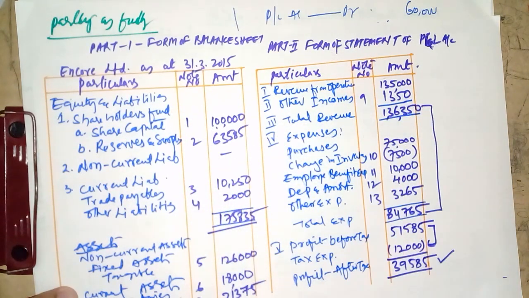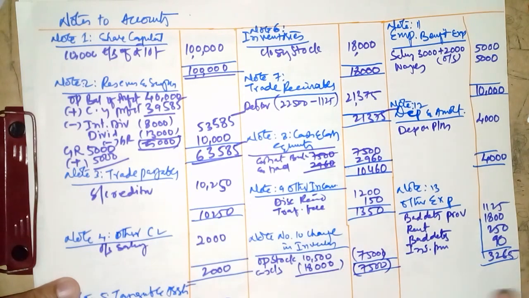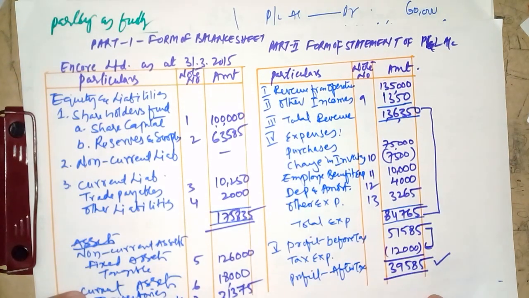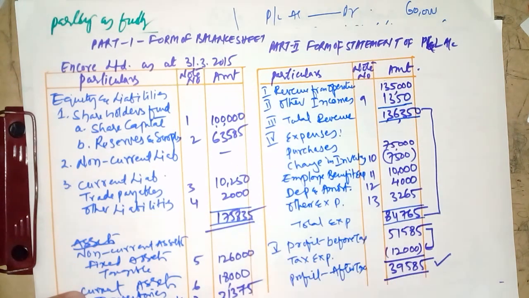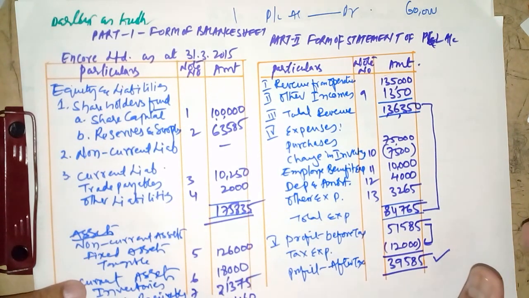First draw the formats of balance sheet and income statement, then prepare the possible notes and just plot the values, make the summation of notes. Then first prepare P&L, close the P&L, find out the profit, then plot it on reserves and surplus, close the reserves and surplus, then plot in the balance sheet. You will get your balance sheet tallied. I hope I made you understand.